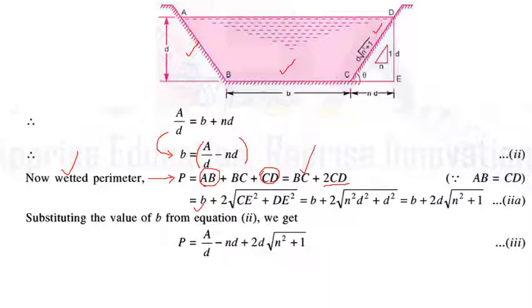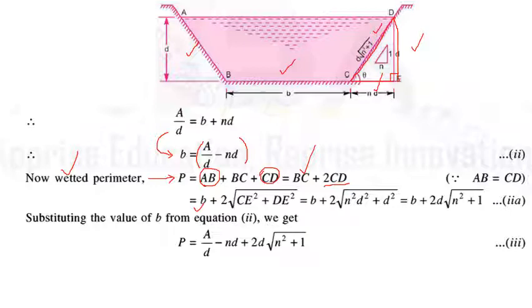And CD is the hypotenuse of this right angle triangle, with the right angle at point E. So CD is the square root of CE squared plus DE squared.